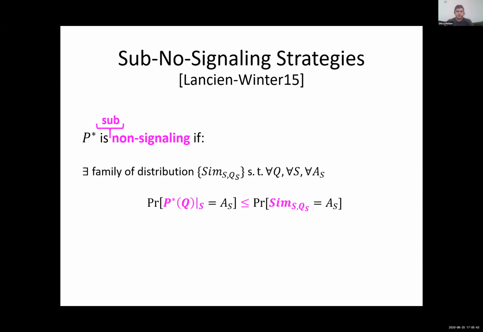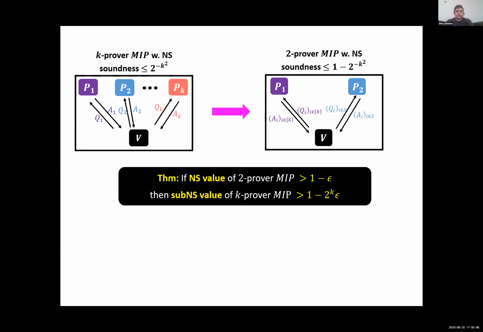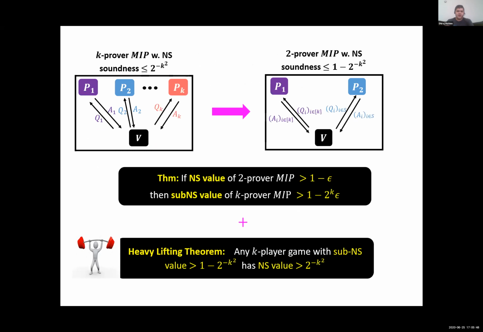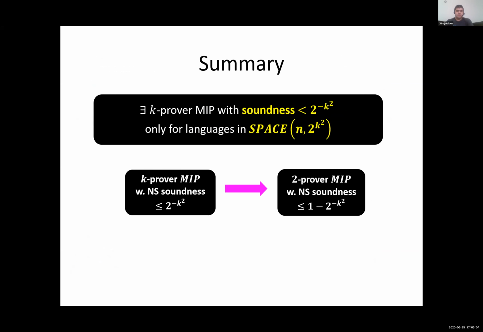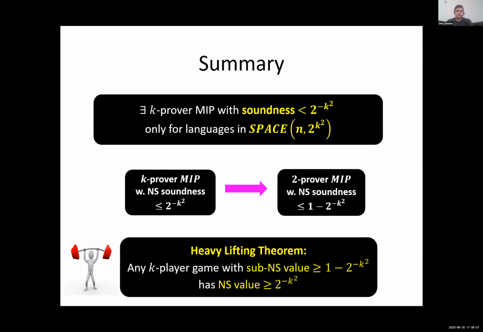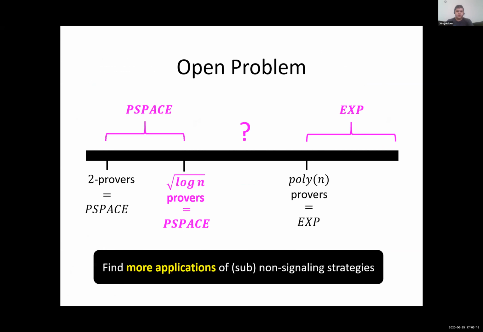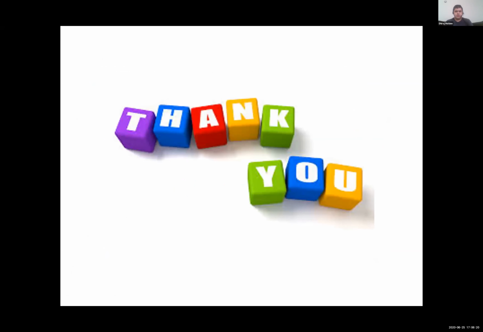And sub-non-signaling turns this into an inequality. Again, remember that we have this prover reduction that goes from non-signaling to sub-non-signaling, and we combine this with what we call the heavy lifting theorem. And this completes the proof. To summarize, we have this k-prover MIP, we turn it into a 2-prover MIP, and then use known results. Thanks.